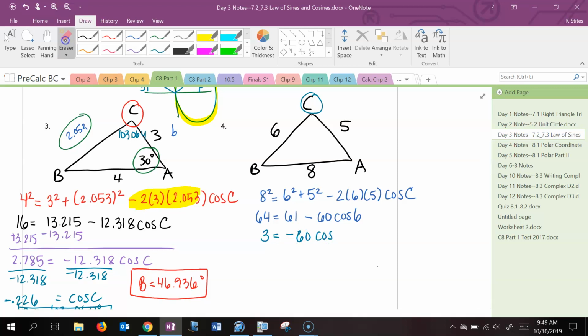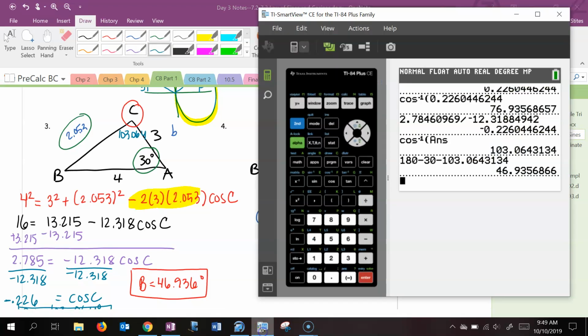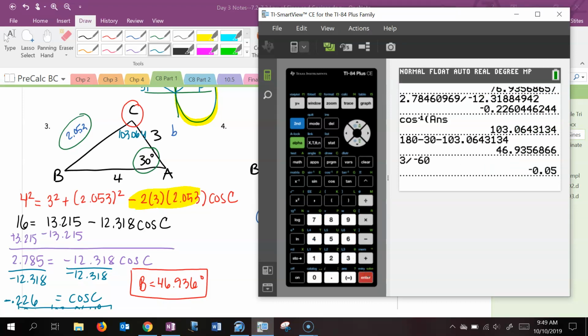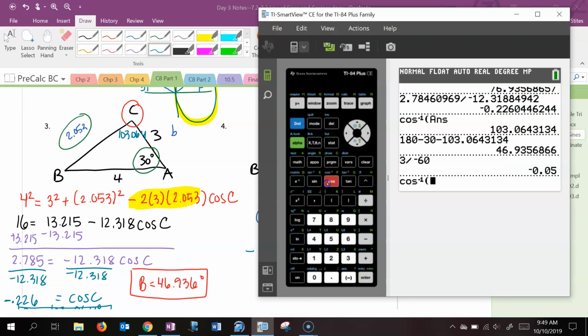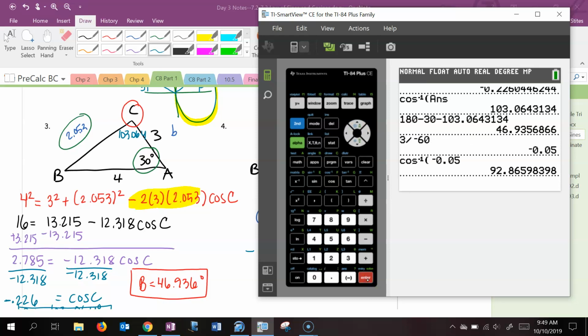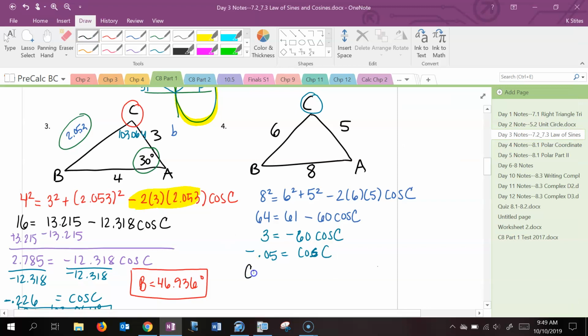Oh, that's a C, not a 6. And divide. Negative 0.05 equals cosine C. And then we will take the inverse cosine to find our angle, and that's 92.866.